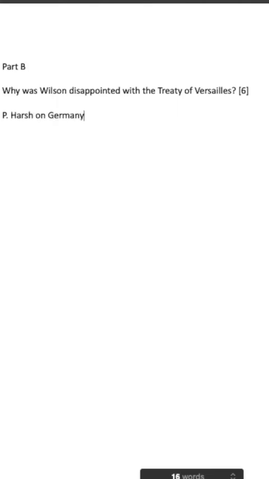Point 1, Wilson was disappointed because it was still pretty harsh on Germany. Some evidence of this would be that it destabilized the country in a number of different ways. All the Germans hated the Treaty of Versailles, and potentially communists could take advantage of this unstable situation and overthrow the government.